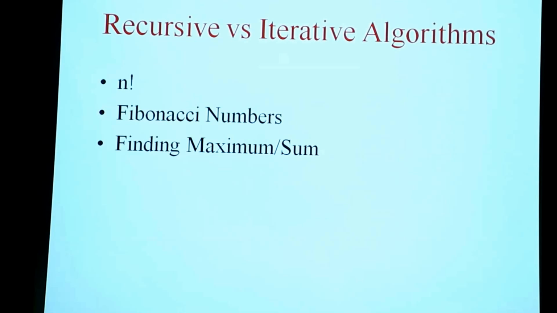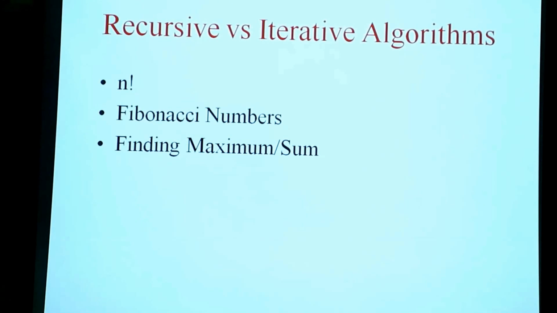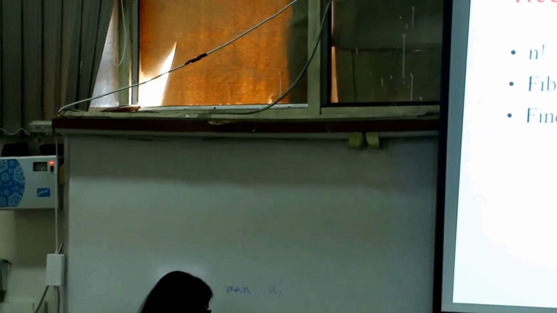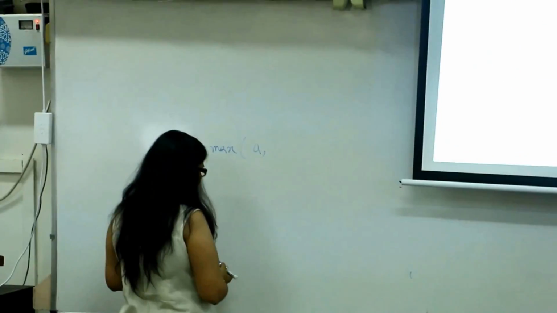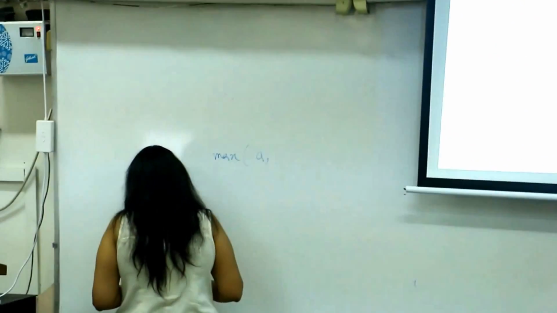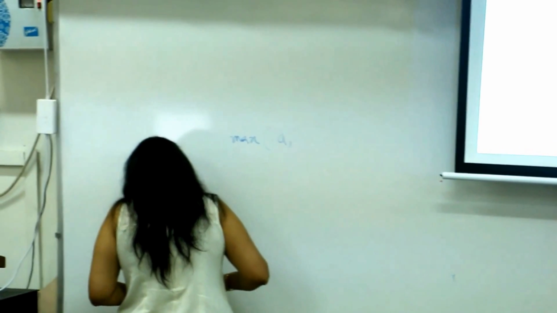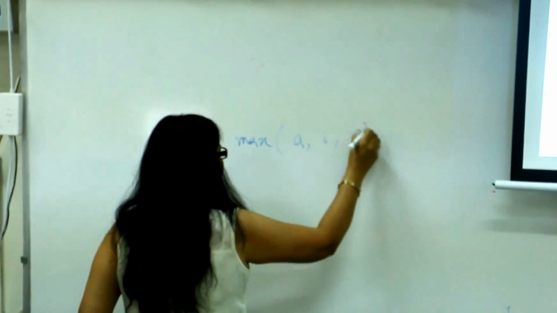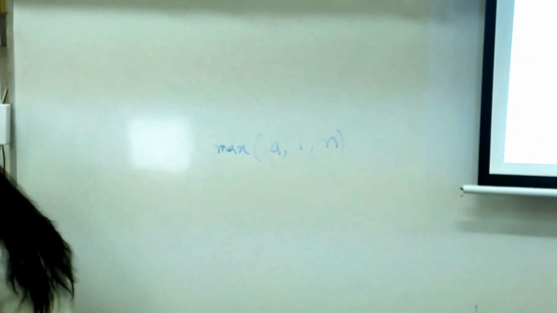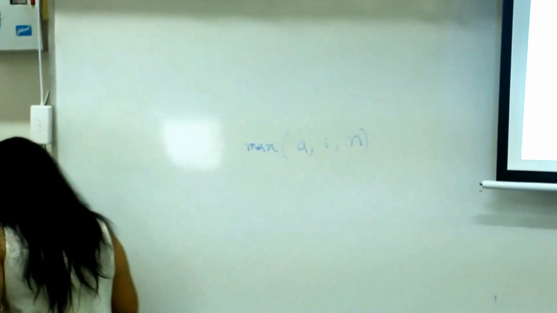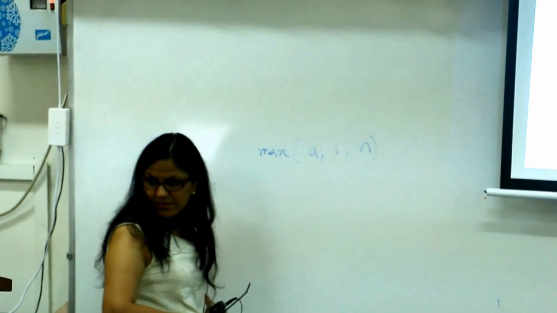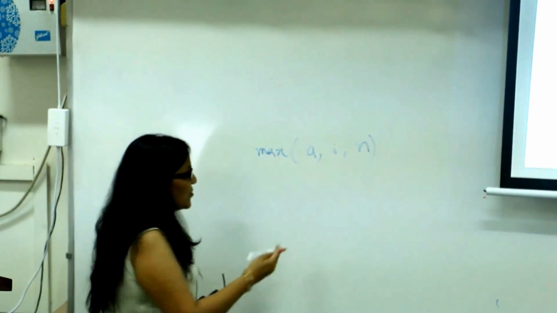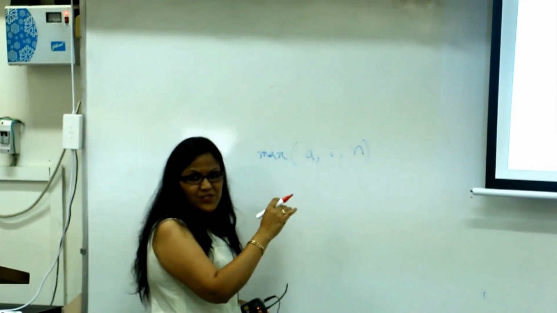So some people have written something like this. A is the array and I is the index. So the description of this function, that's another thing.